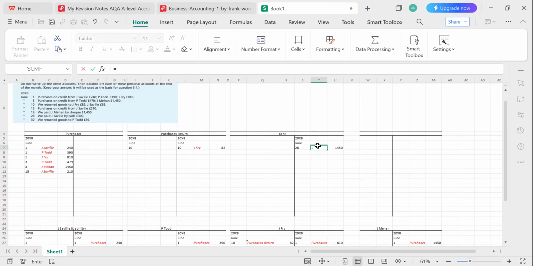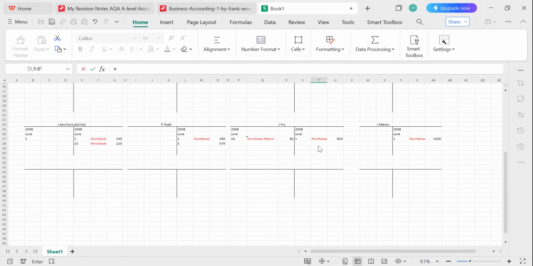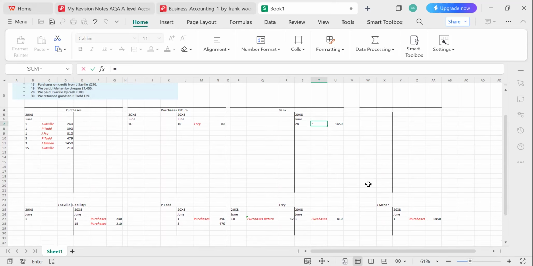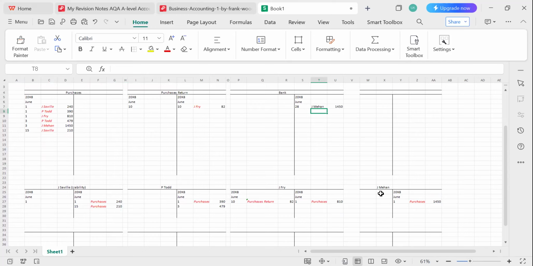And we paid it to J Mahan. J Mahan is going to be debited 1450. The bank account against it. Okay, so credit bank, debit J Mahan because we paid his amount.